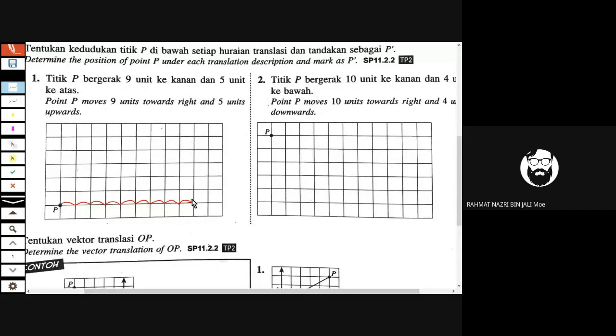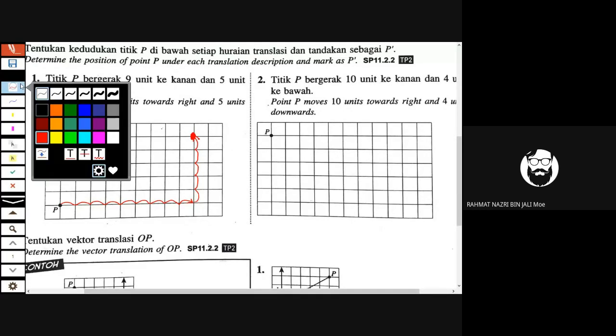Kemudian ke atas sebanyak 5. 1, 2, 3. So the final image of P is located here.